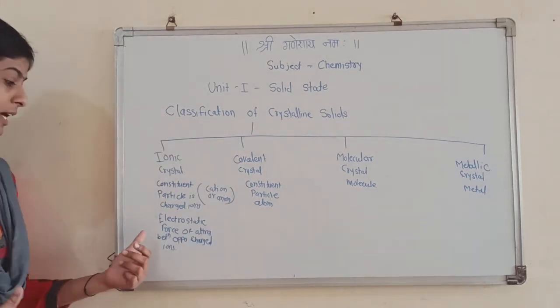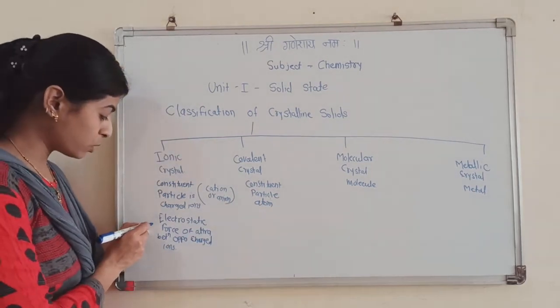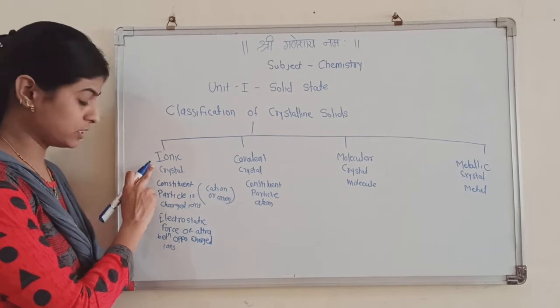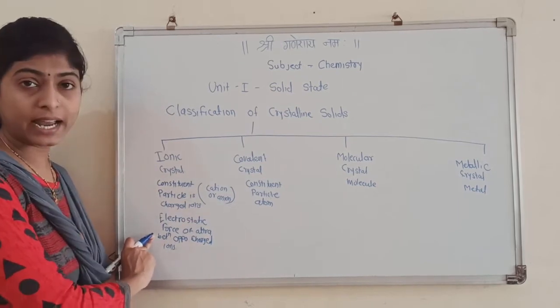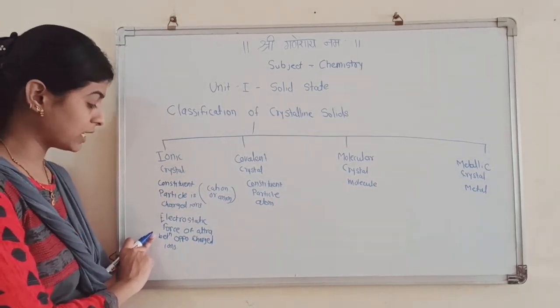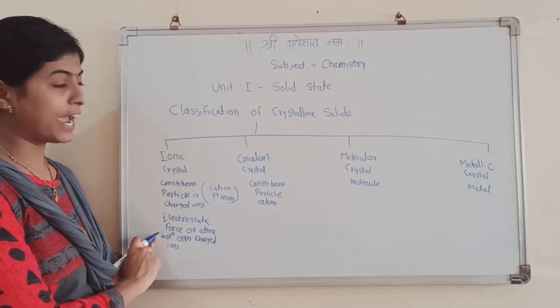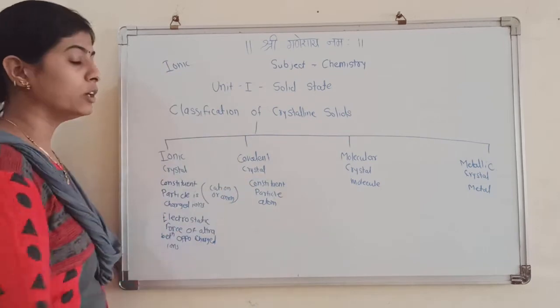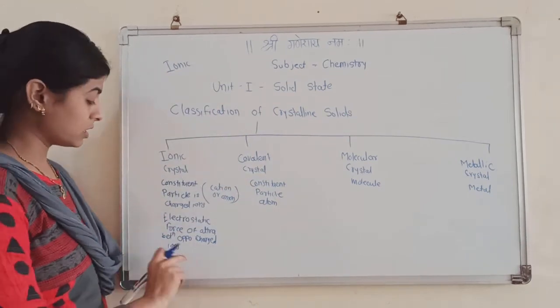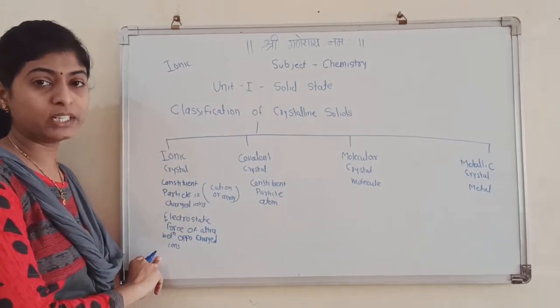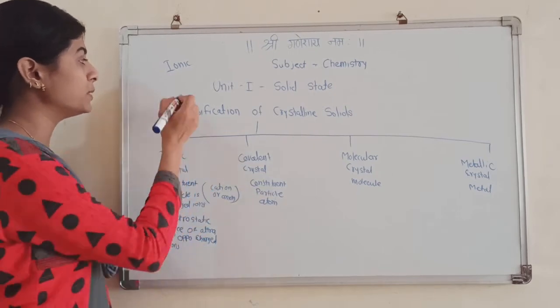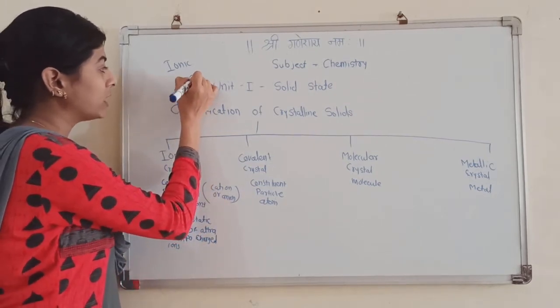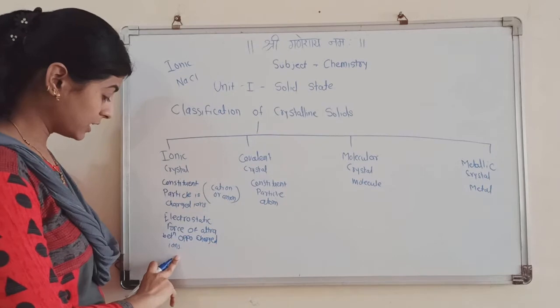On the other hand, we can say that the ionic bond is present in ionic crystals. It means cation and anion attract each other and form an ionic bond. As we know, an ionic bond is formed by donation of electron.